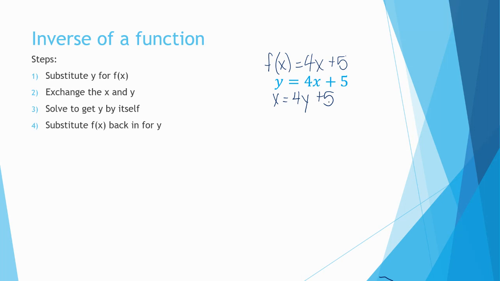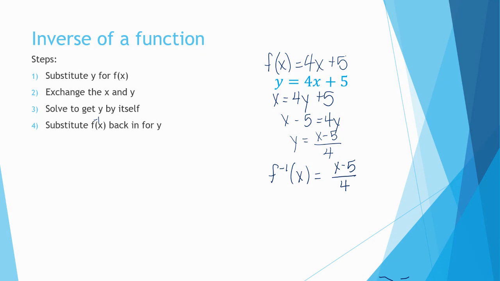Now I'm going to solve to get the y by itself. First I'm going to subtract 5, and then I'm going to divide by 4, and I get y = (x - 5)/4. My last step is to substitute the inverse f, or f to the negative 1, back in for y.